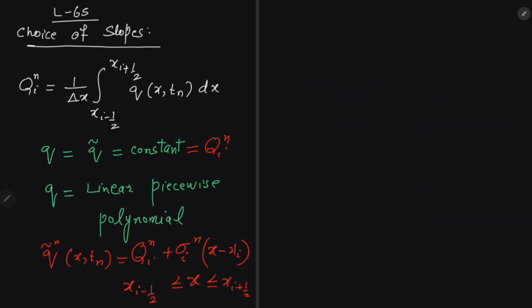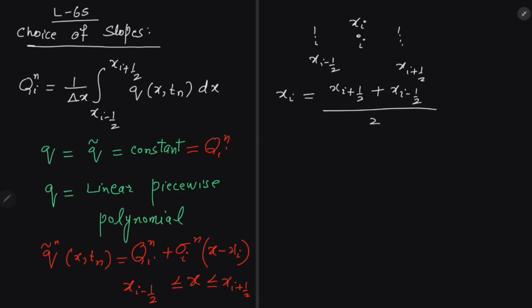So this corresponds to the equation of a straight line. We need to define, for example, if we have x_{i-1/2} and x_{i+1/2}, and this is cell number i, and this is x_i. The value of x_i can be obtained by the average formula, (x_{i+1/2} + x_{i-1/2}) divided by 2.